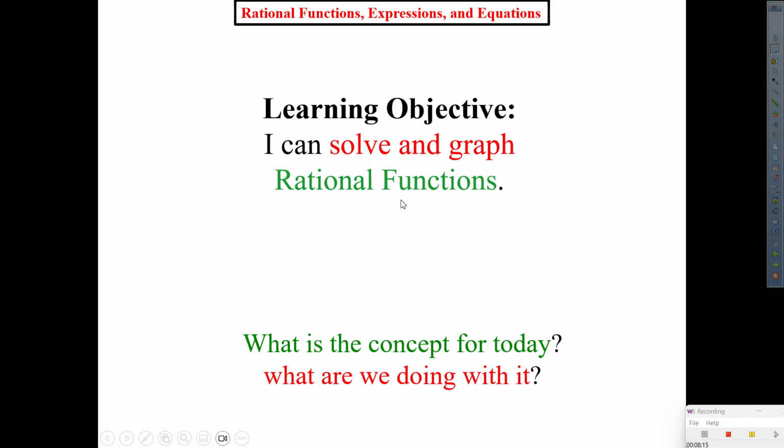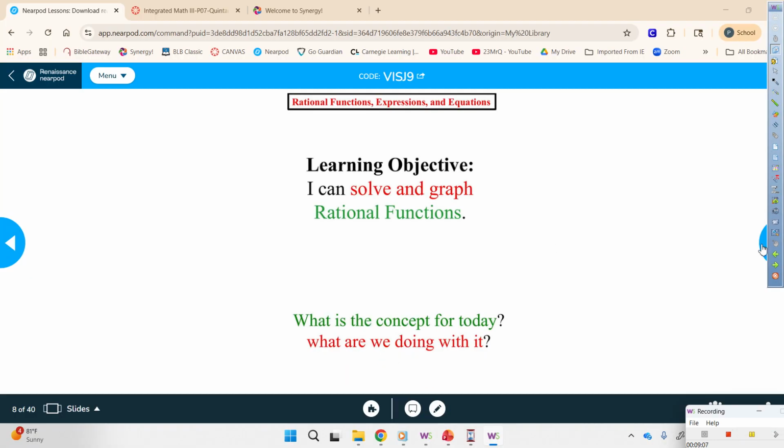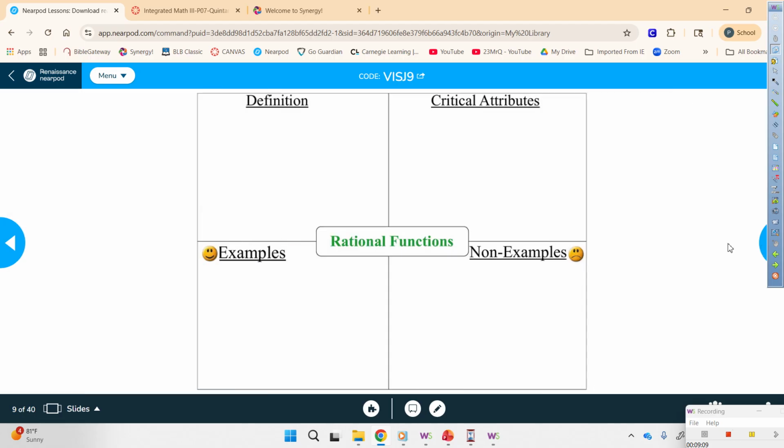All right, so we're in the middle of rational functions, yes? Question. What are 2 critical attributes that rational functions have? Don't look at your notes. Think about it. What are 2 things that are a must for rational functions to have?